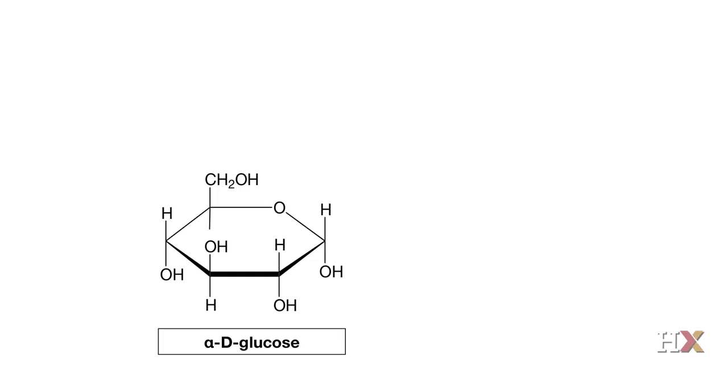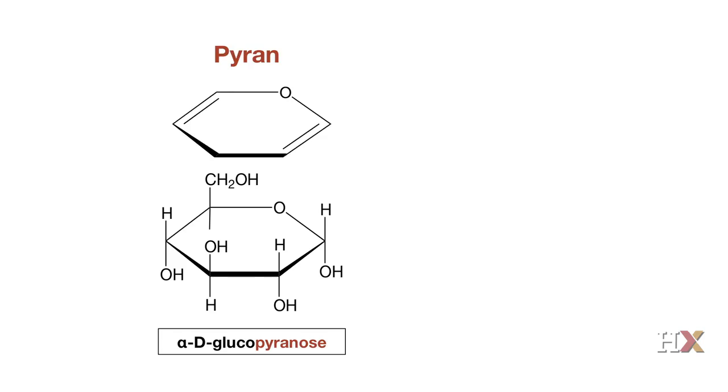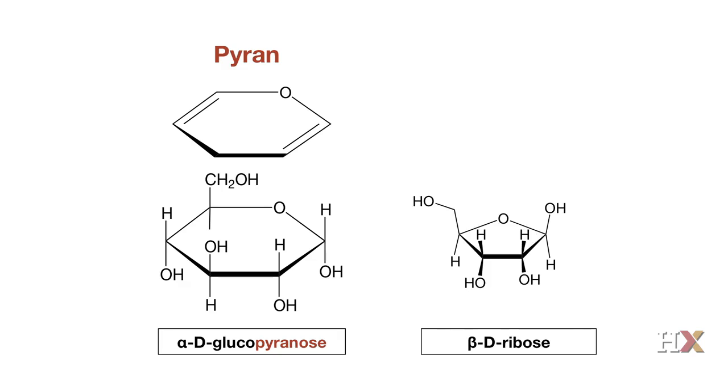One that contains 6 atoms, 5 carbon and 1 oxygen. And this ring resembles the structure of a molecule called pyrane. And then we have a ring that contains 5 atoms, 4 carbon and 1 oxygen. And this structure resembles the structure of furane.